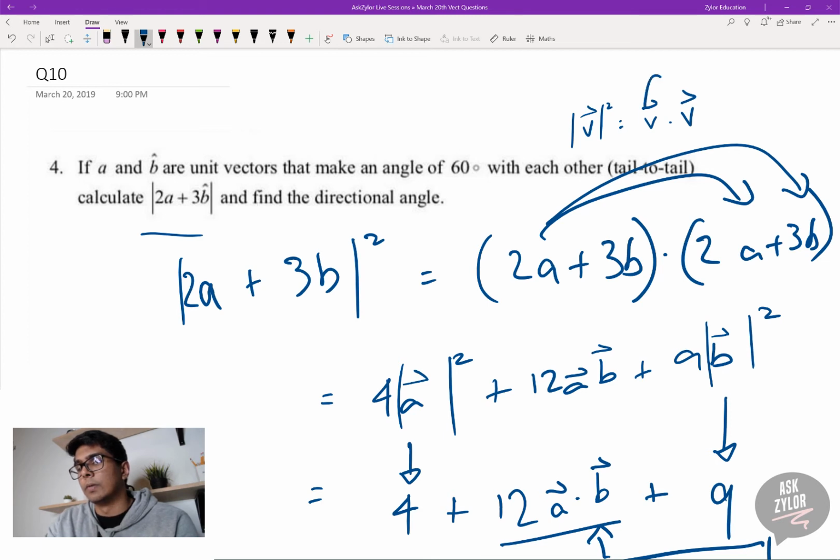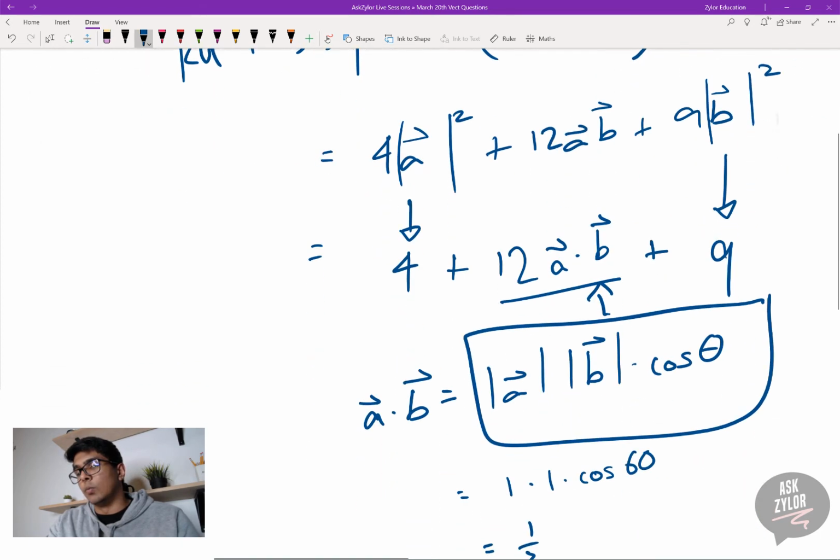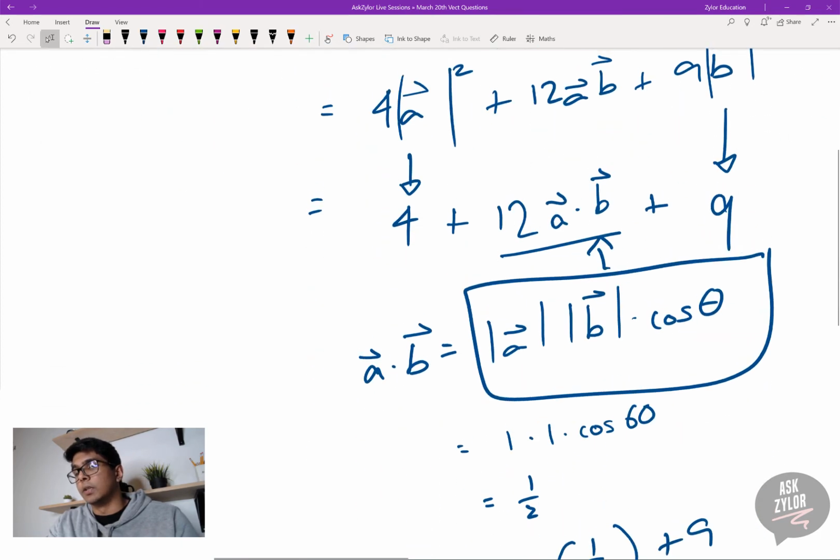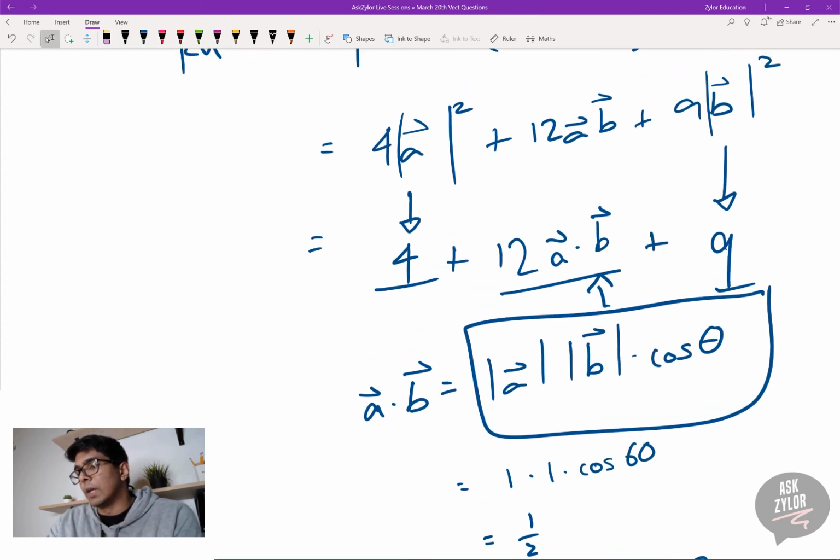We know the magnitude of a vector squared is simply the dot product of the vector with itself, and we just distributed each of the terms. And then we know the unit vectors, so the magnitudes of each of them are just going to be 1. So the individual ones, I just kept them as the coefficients. And then the dot product of a and b, I expanded.